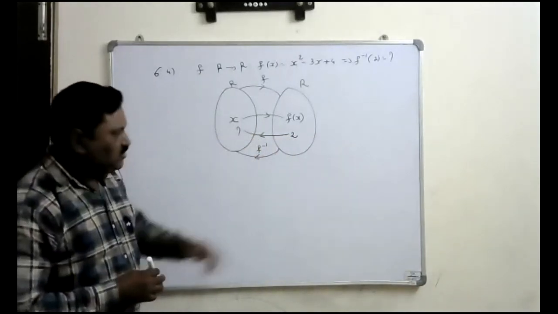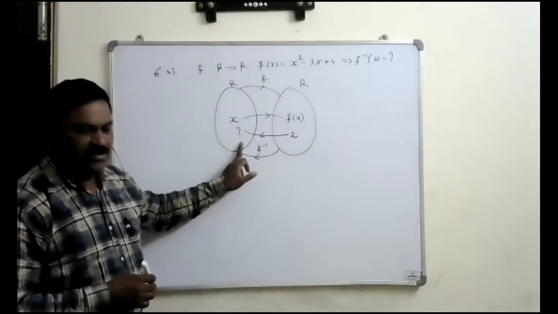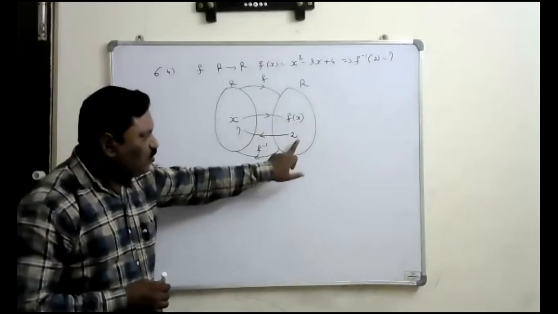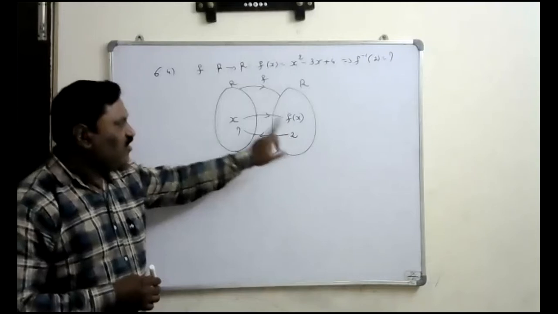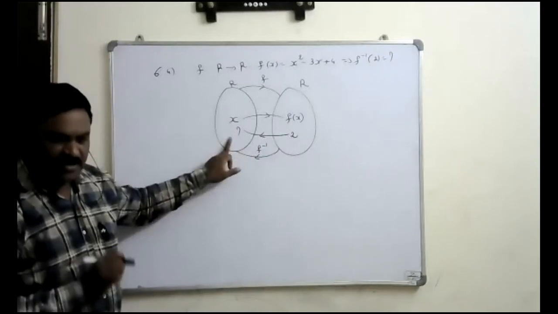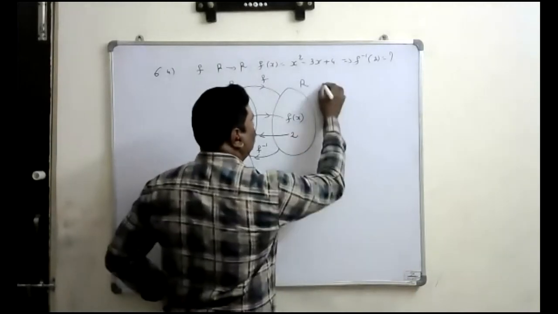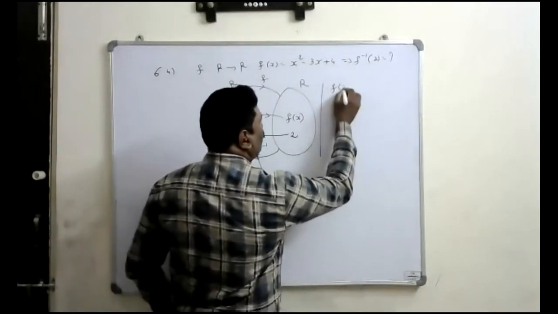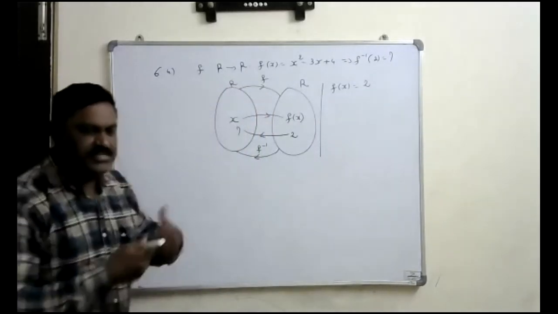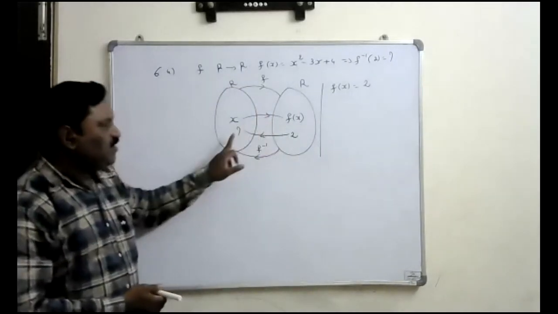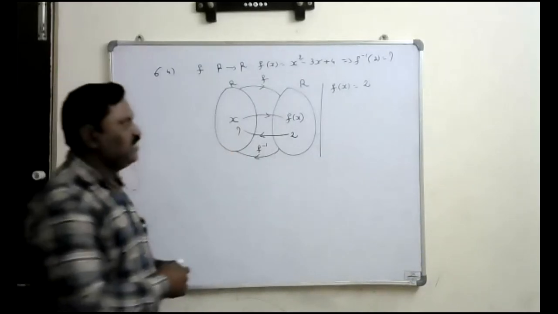So f inverse of 2 means the pre-image of 2. If f of x is equal to 2, what is the value of x? Indirectly they are asking about f of x is equal to 2. If f of x is equal to 2, what is f inverse of 2? That is x. The x value is what? That is the meaning of this.